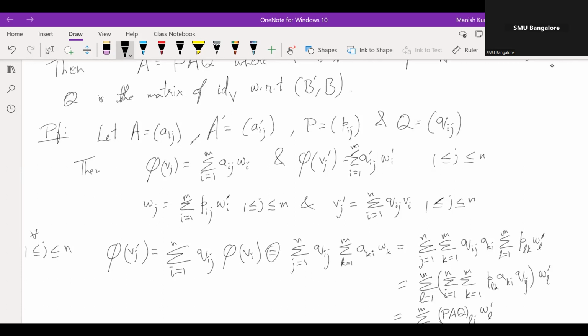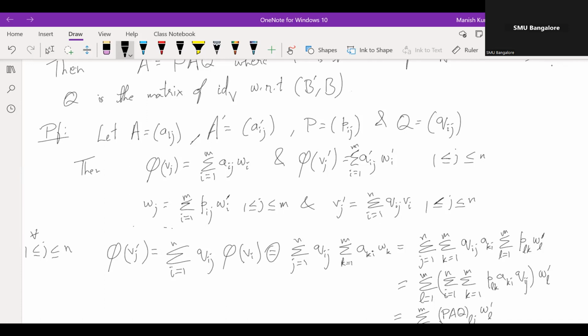Again, we can use this formula now: wj equals summation pij wi prime. If you replace wk using this formula, we already have qij aki, and then wk gets replaced, so pijs will also come in.